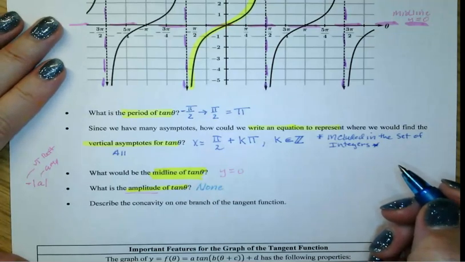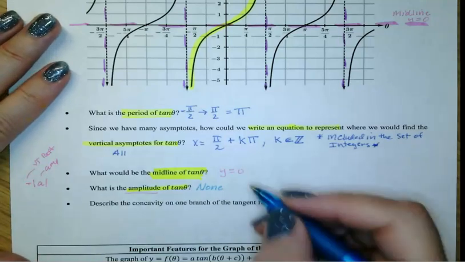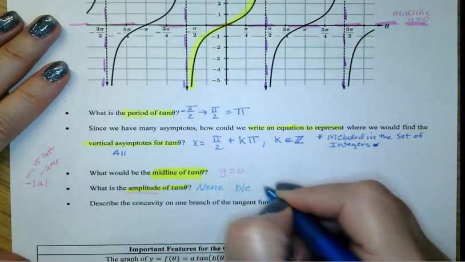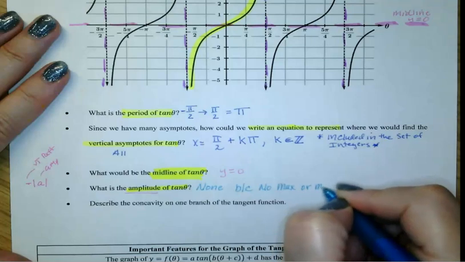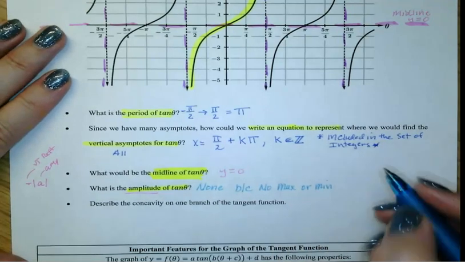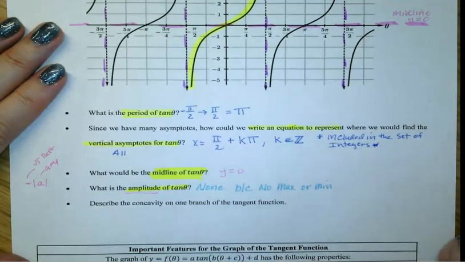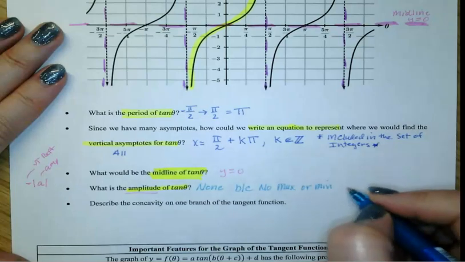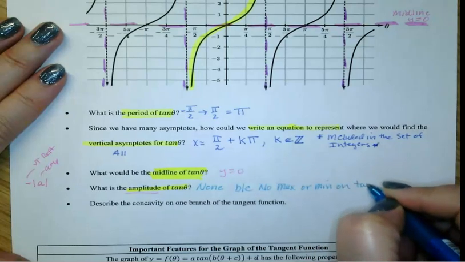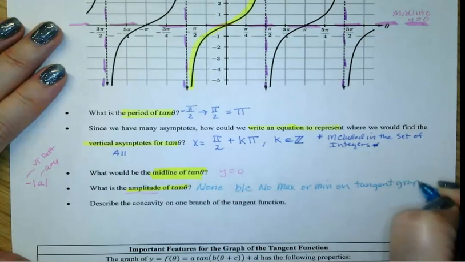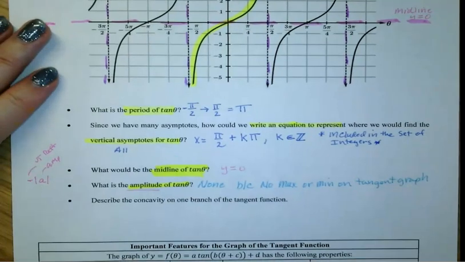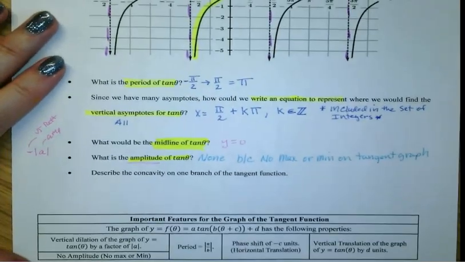The fact that we don't have amplitude is very applicable to this question. So it's none because there is no max or minimum number in this tangent graph. Okay, so no max, no min, so there is no amplitude on the graph.